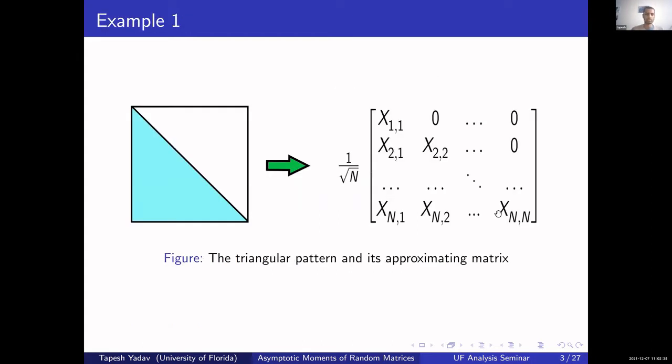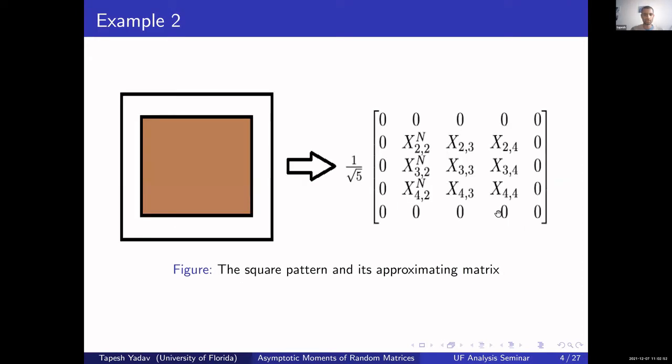This is a triangle pattern, where we have a triangular region inside a unit square, and on the right hand side we have its approximating matrix, and intuitively it looks just like the pattern. Next, we have a smaller square inside the unit square, a filled square, and the approximating matrix for such a shape is given on the right hand side.